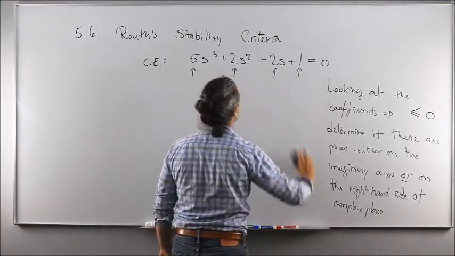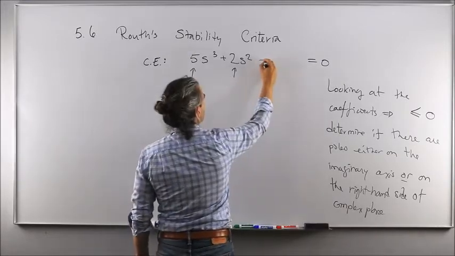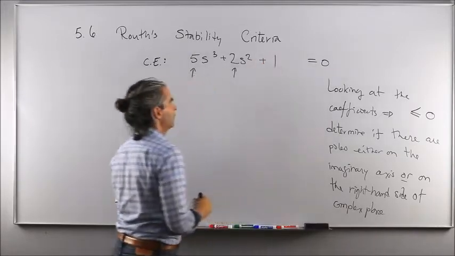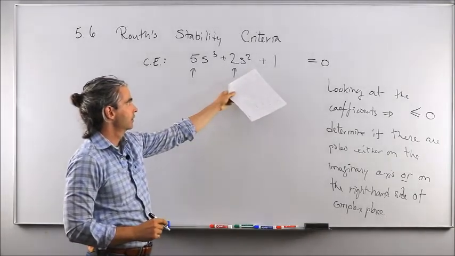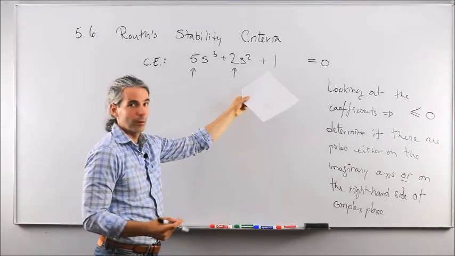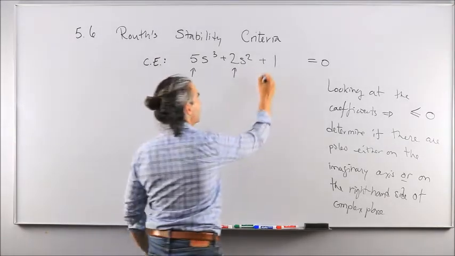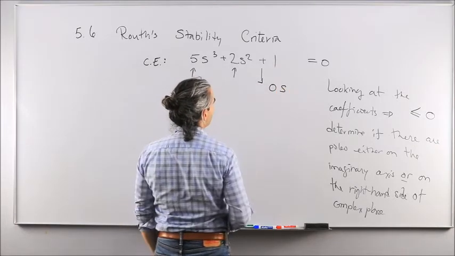Or say, if you would have this plus 1 equal to 0. Now in that case, there is a missing coefficient, right? So we've got s cubed, s squared. Where's my s? So the s term is actually multiplied by 0. That's what it means.